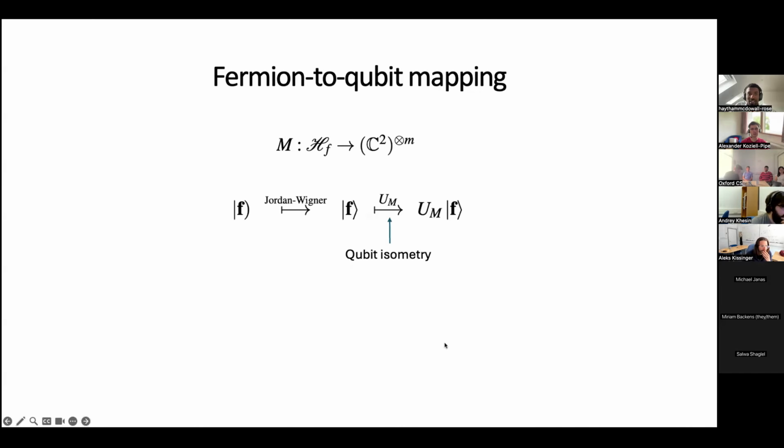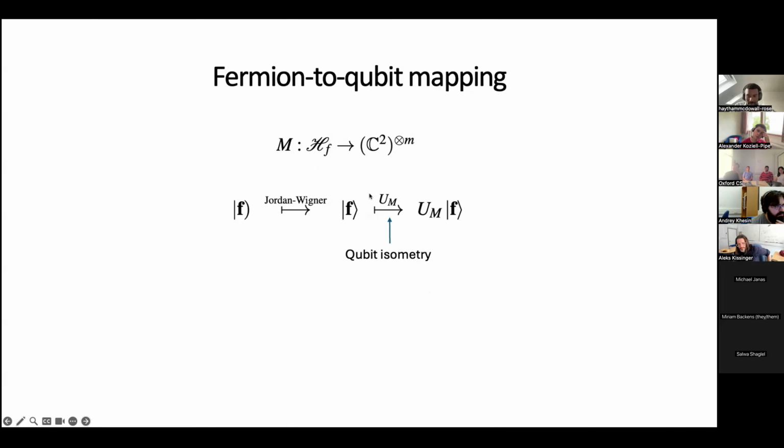In fact, formally, when we write M to be a fermion-qubit mapping from the Hilbert space of fermions to the Hilbert space of qubits, let's say we've got M qubits here, we implicitly are doing Jordan-Wigner under the hood. So while this whole thing here is a fermion-qubit mapping because it's going from fermions to qubits, the objects that we will actually study in this talk are the isometry that is going from qubits to qubits.